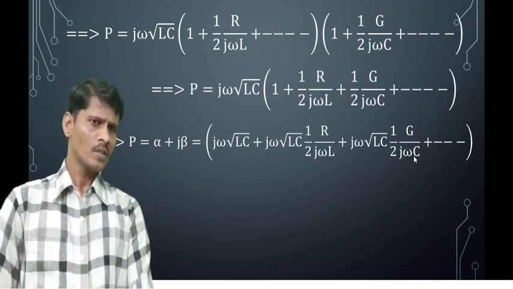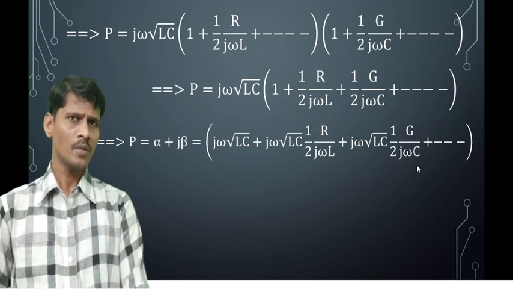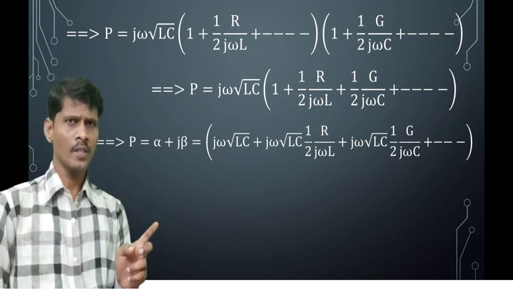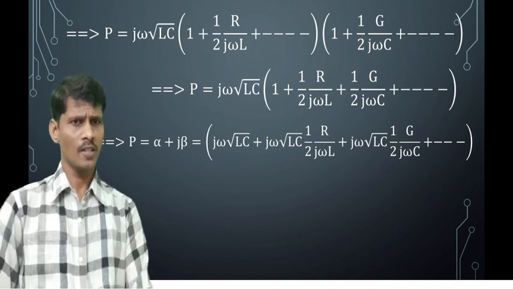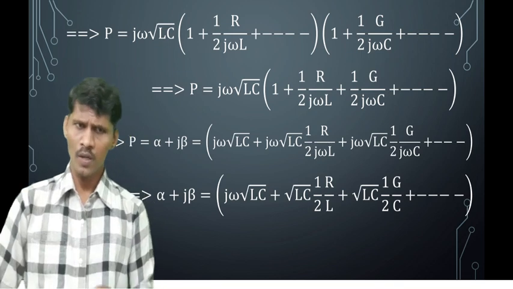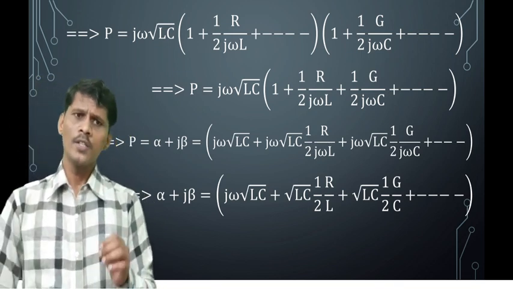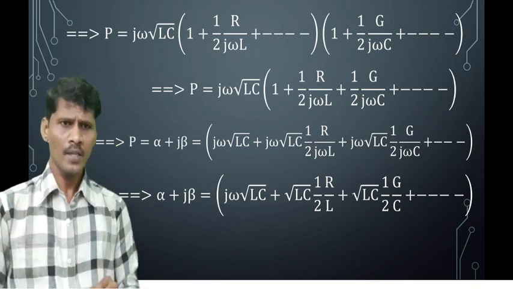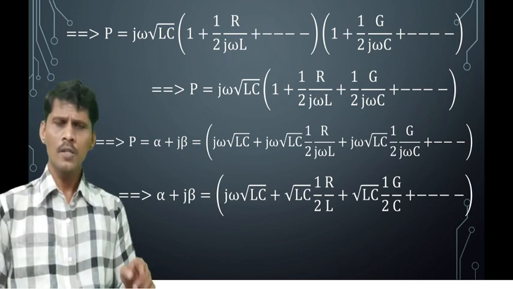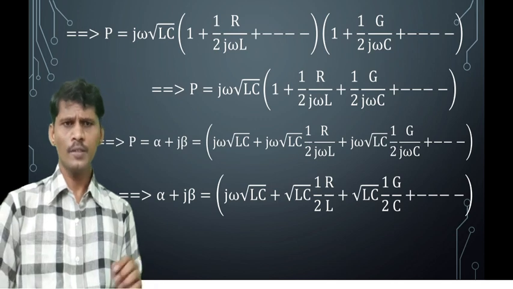And third term is also, in the denominator term, C is written as square root of C into square root of C. Numerator and denominator, one square root of C is cancelled. We get the propagation constant gamma is equal to alpha plus j beta is equal to j omega square root of LC plus square root of LC into R by 2L plus square root of LC into G by 2C.